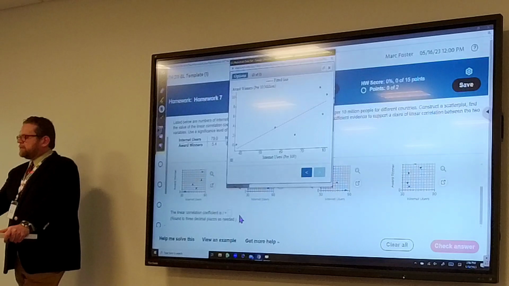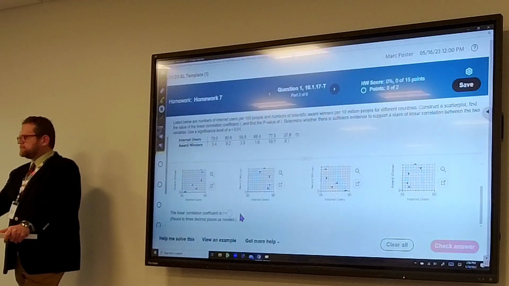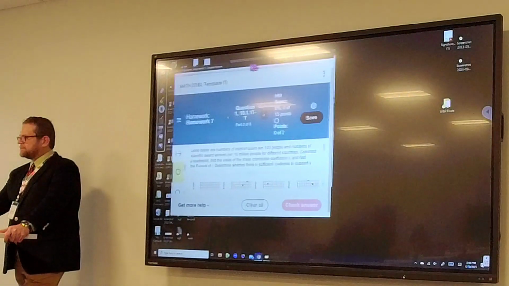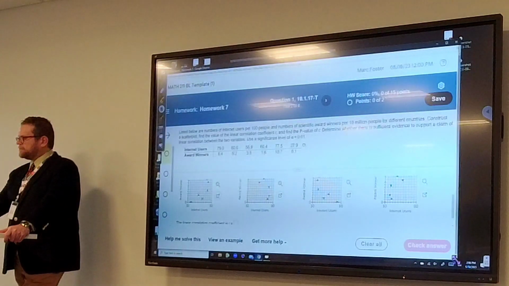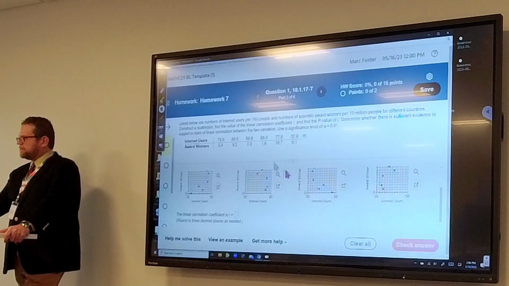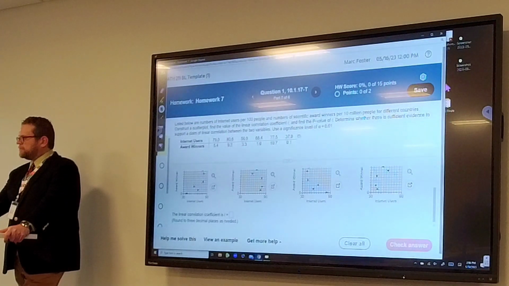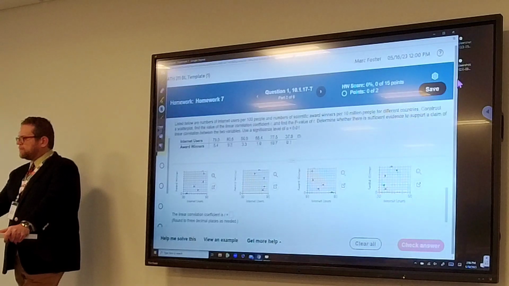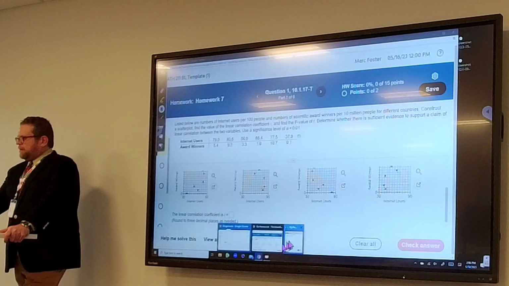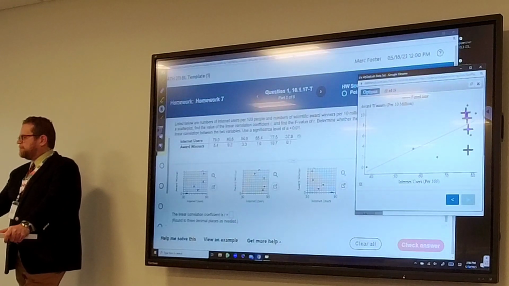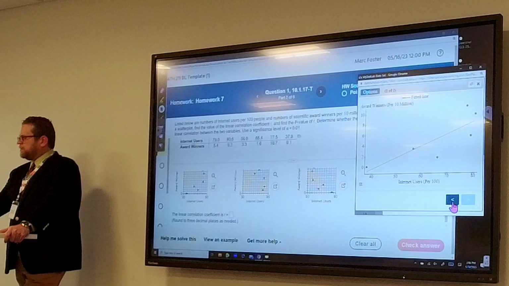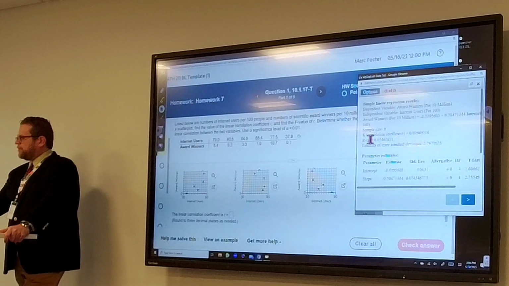Then they want the R value. And like I said earlier, the R value is not a lowercase r in StatCrunch, it's a capital R, and it's right there.